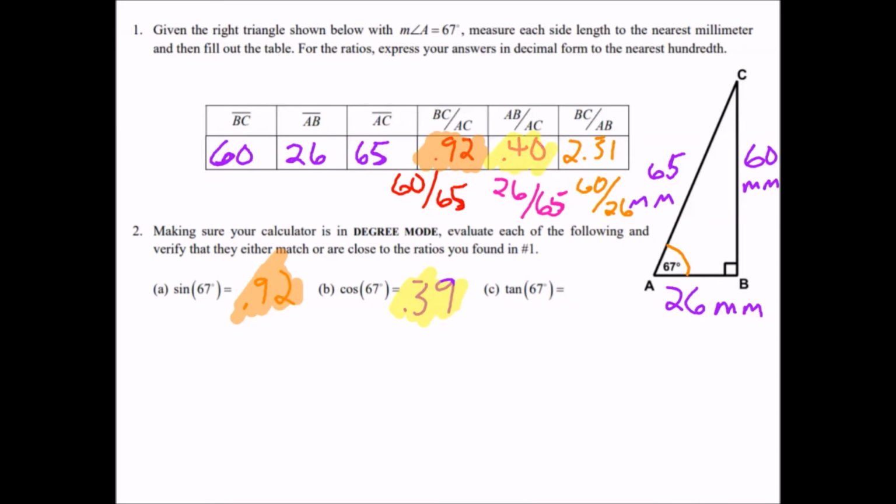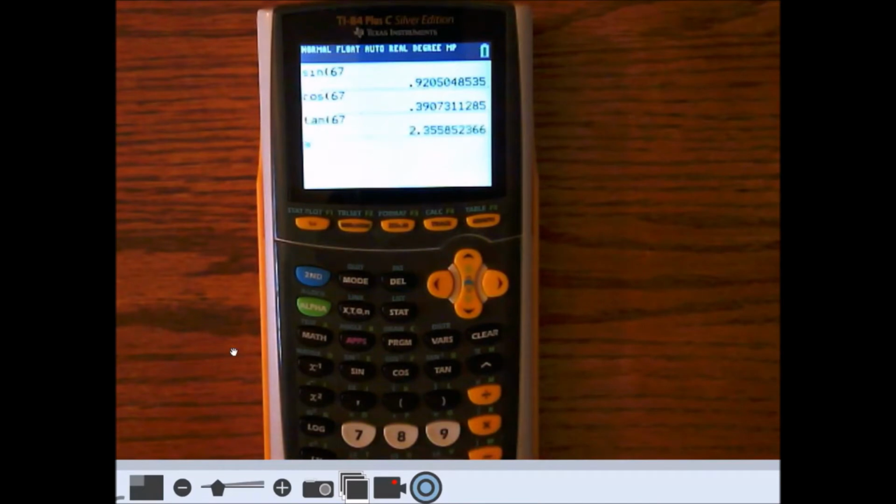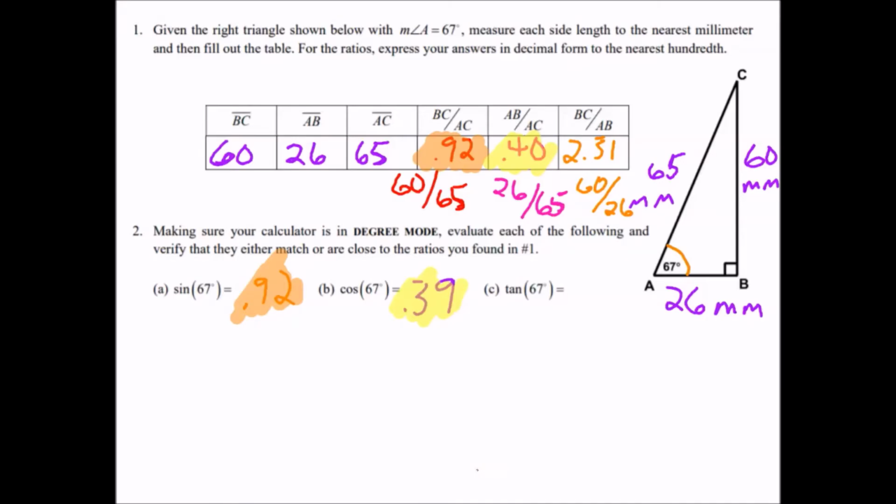And then finally, if we do tan 67, 2.36, which is pretty close to 2.31, so not too bad. Yeah, they match pretty well.